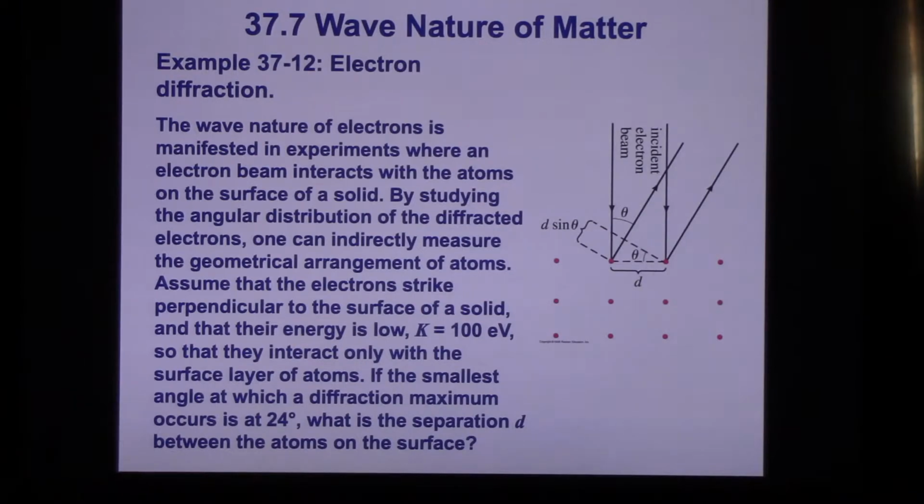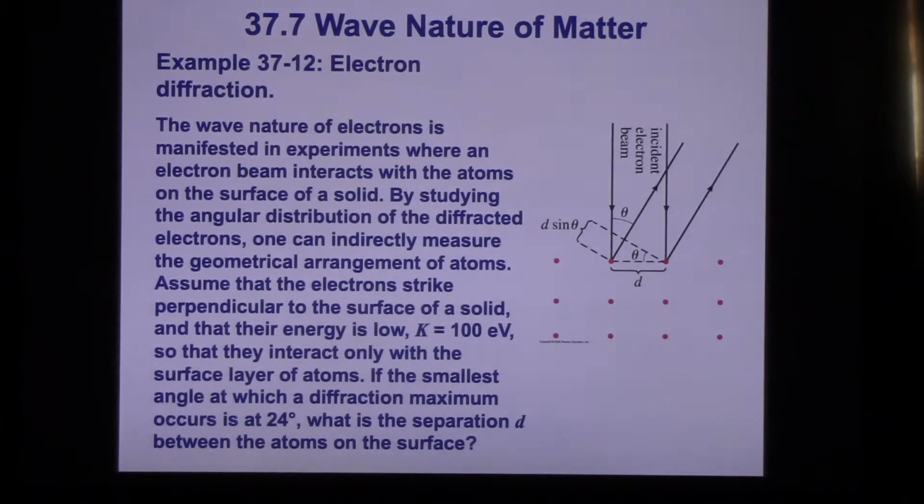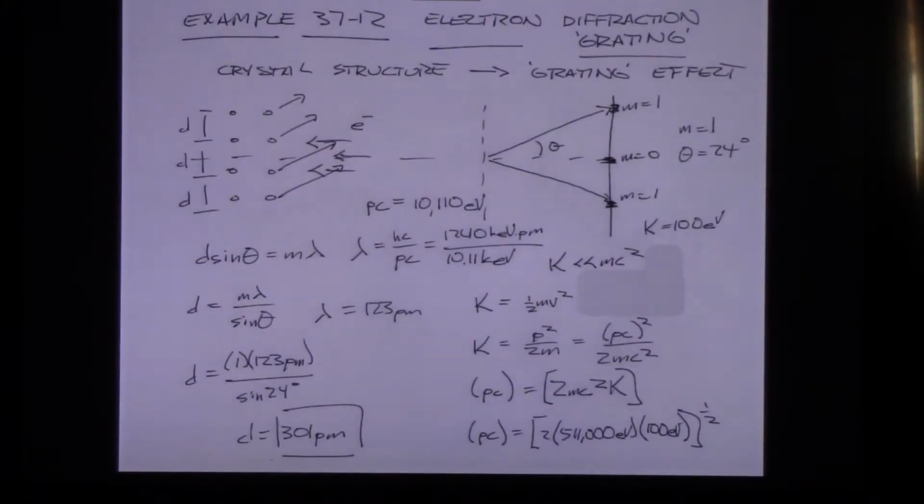I got a little confused here too, because if you remember from chapter 35, diffraction grating is a terrible name because it's not diffraction, it's multiple slit interference. So that's what this is. It's multiple source interference.